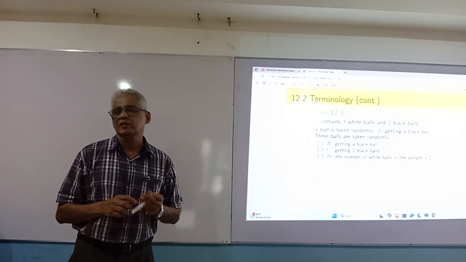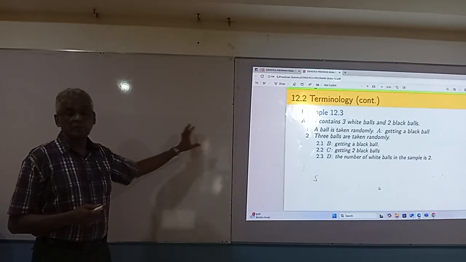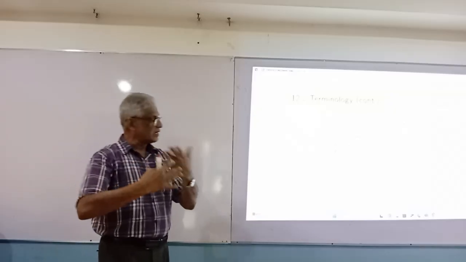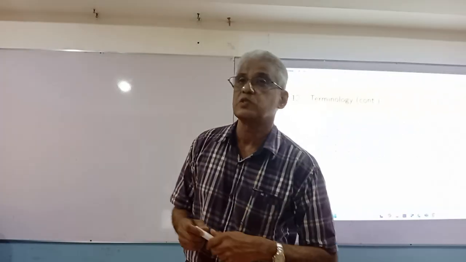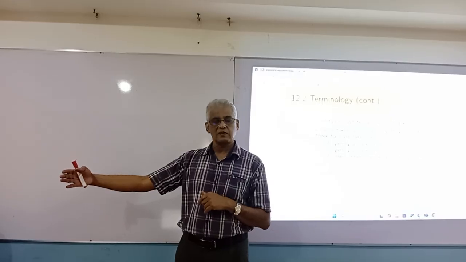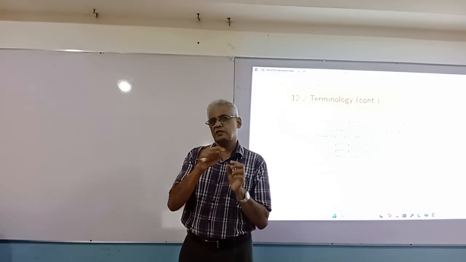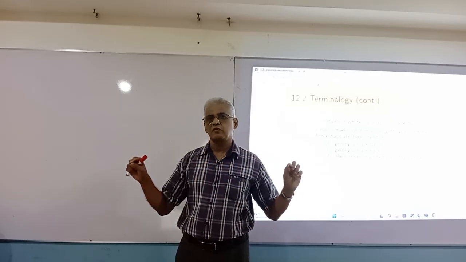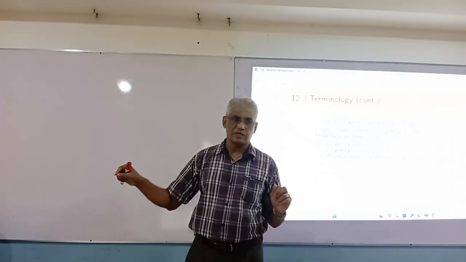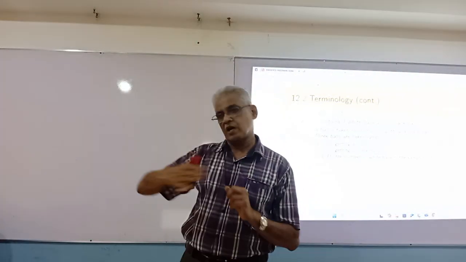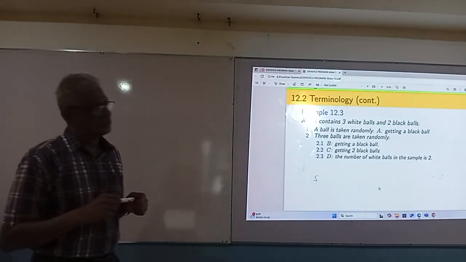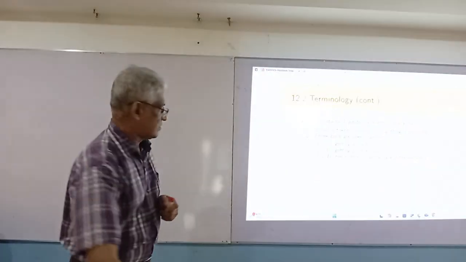There are only a finite number of outcomes, and the sample spaces are discrete also. So there are differences. Sometimes your sample space can be discrete, sometimes it can be continuous. When it is discrete, the number of outcomes can be finite or it can be infinite. It can be discrete but still have a large number of outcomes, we don't know n, so infinite. So there are differences like that.